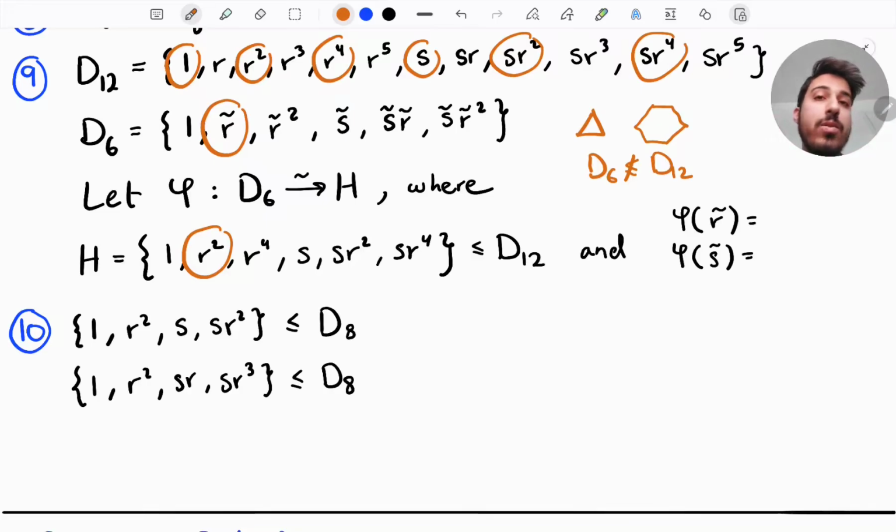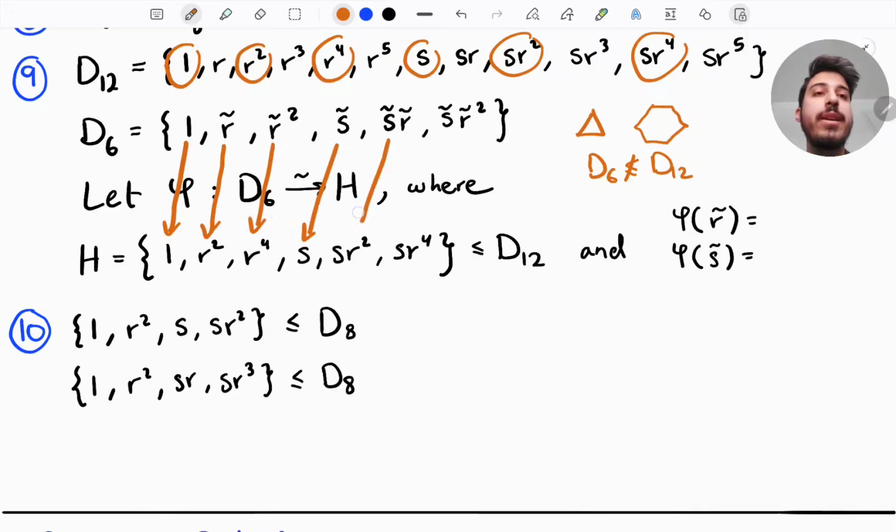However, we can construct an isomorphism between D6 and H, and the isomorphism is given by a direct association of each of the elements of D6 and H. So the association goes like this. 1 is sent to 1, r is sent to r squared, r tilde is sent to r squared, r tilde squared is sent to r4, and so on.